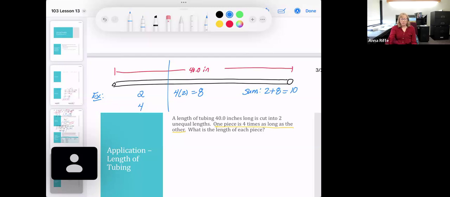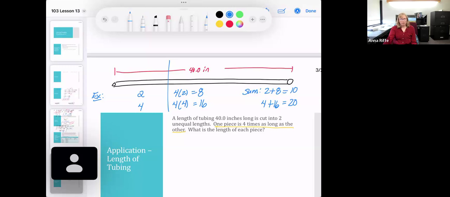If that is the case, then the longer piece should be 4 times that, or 4 times 4, which is 16 inches long. If you add them together, 4 plus 16 is 20 inches, still not 40. So it's still too small.